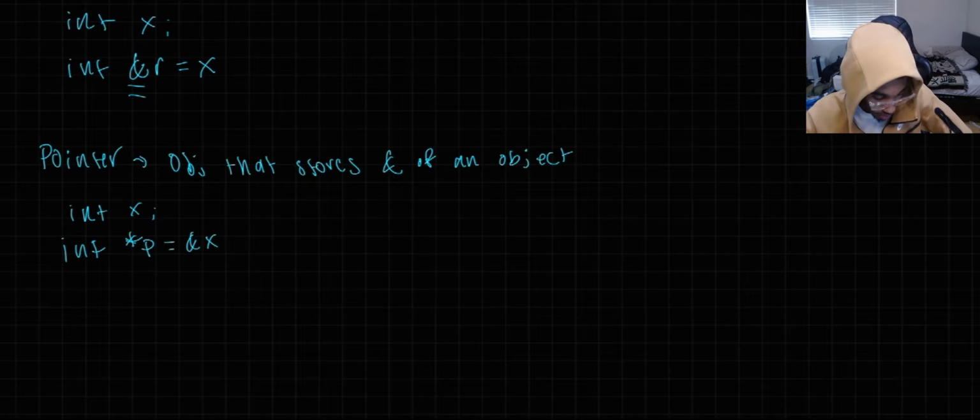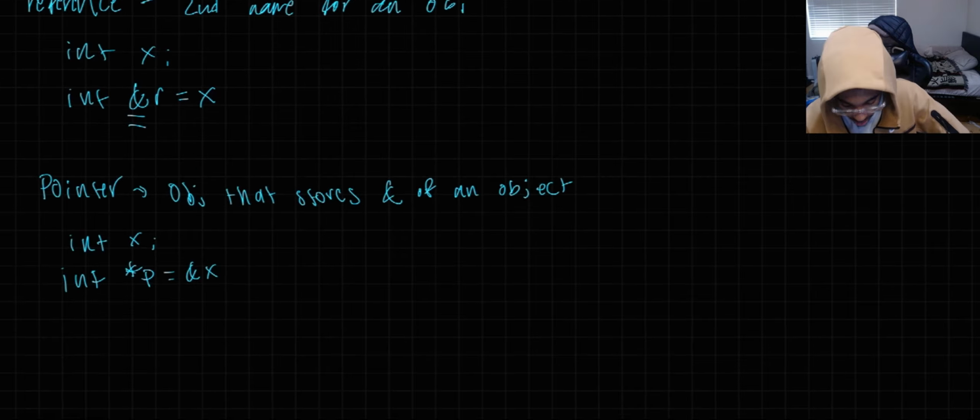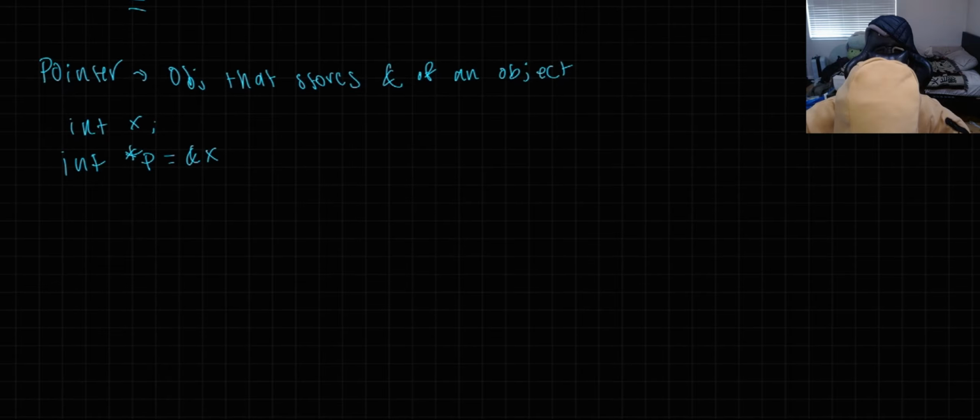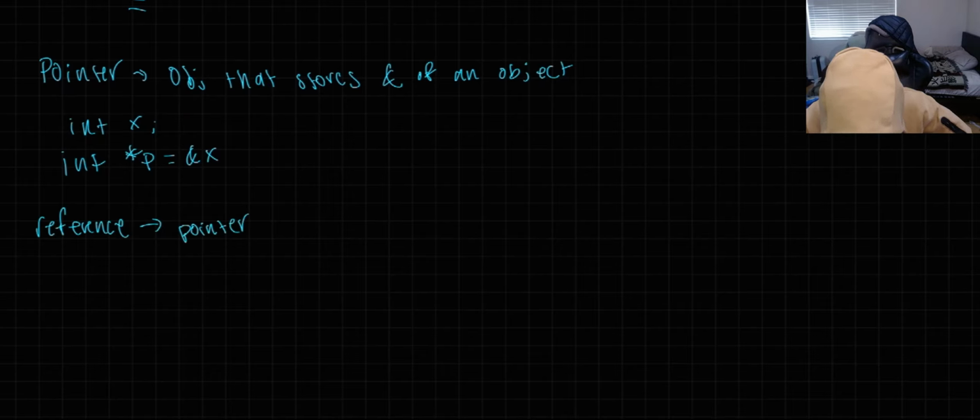Next we have a reference to a pointer. A reference to a pointer is just an alias for a pointer. Pointers are objects in themselves, and references are aliases for objects. Therefore, we can have a reference to a pointer. So let's write reference to pointer, just an alias for a pointer.